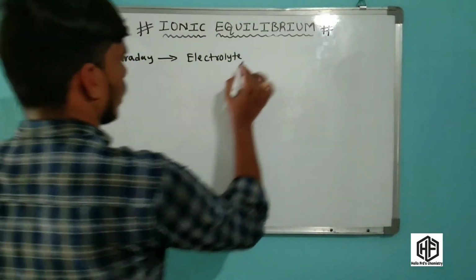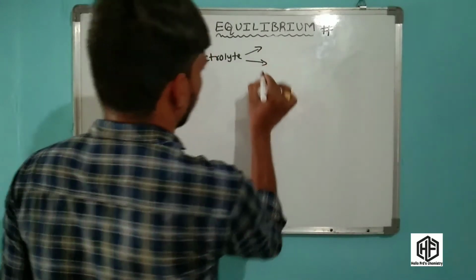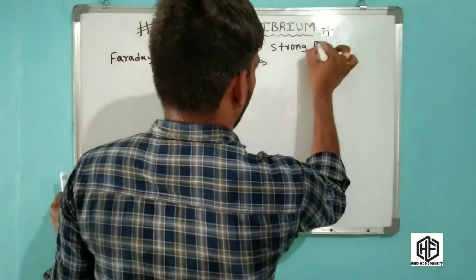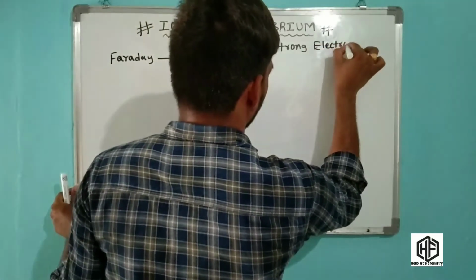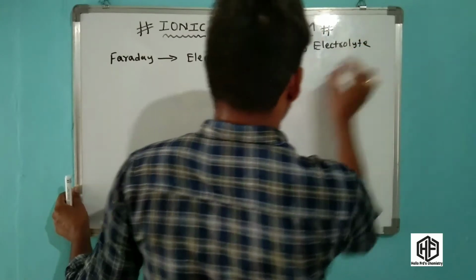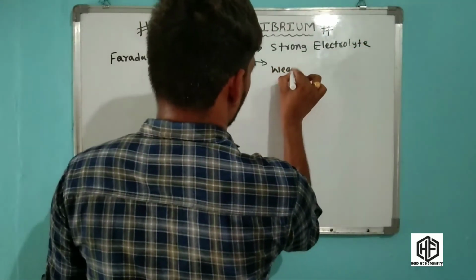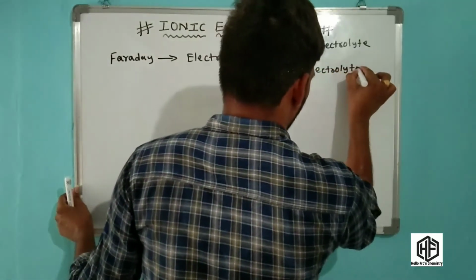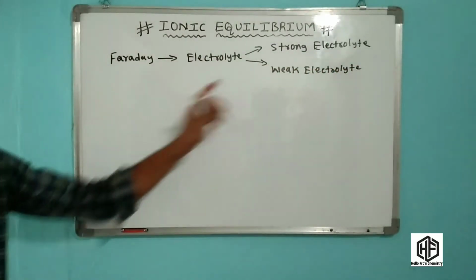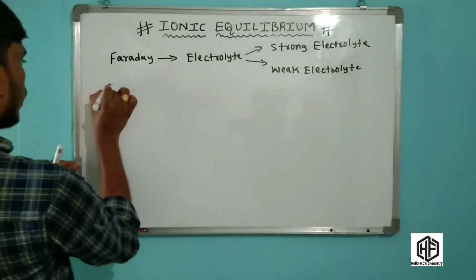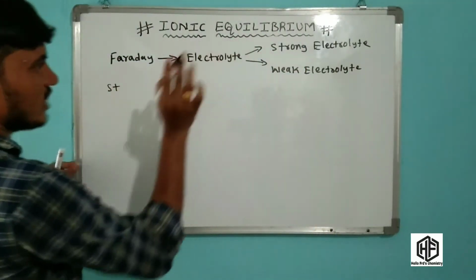These electrolytes are of two types: one is strong electrolyte, and another one is weak electrolyte. Friends, what are strong electrolytes and what are weak electrolytes? I will explain briefly. First of all, what are electrolytes?